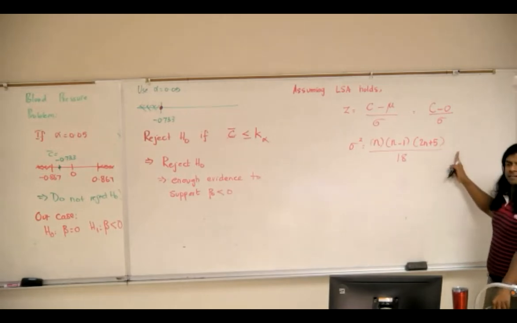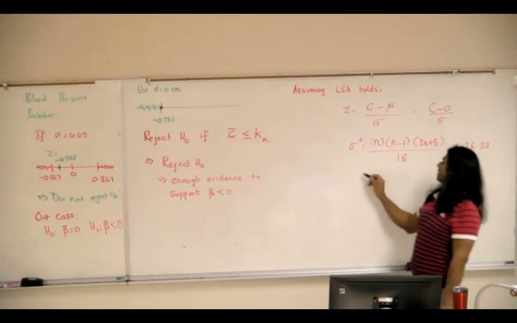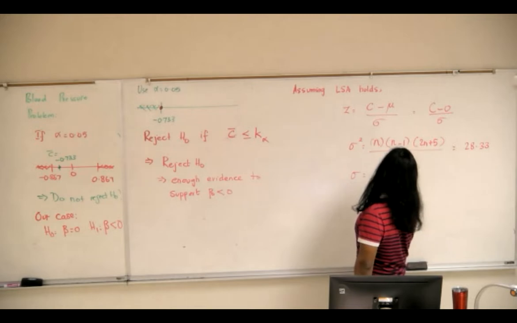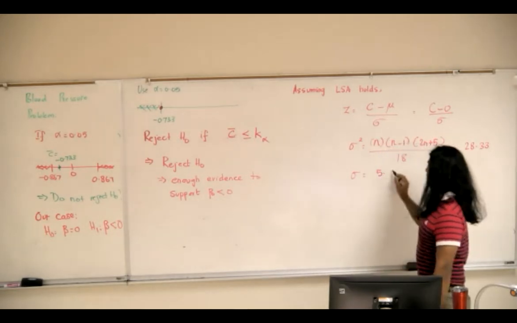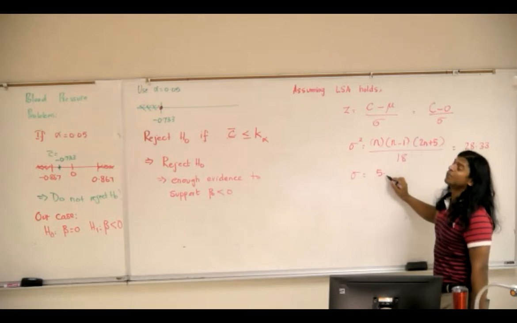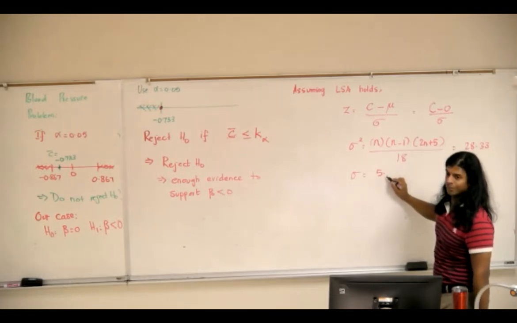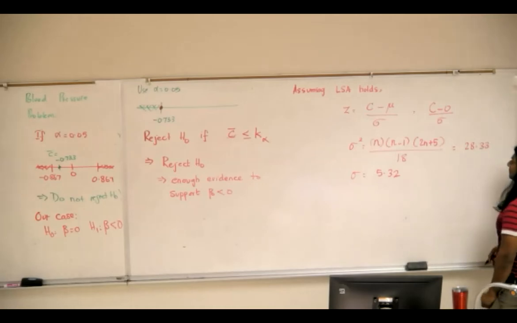Sigma squared is 28.33. So sigma would be 5.32.